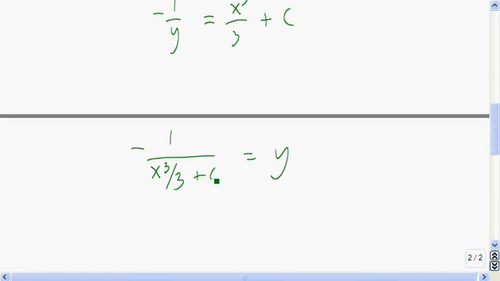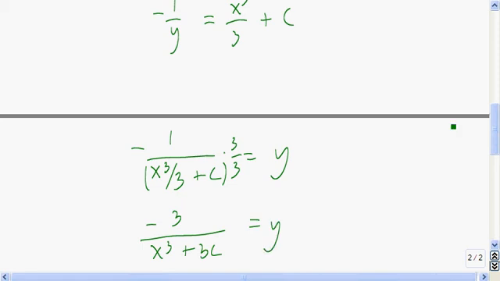It'll probably be easier to work with if we clear this denominator, so we can multiply the top and the bottom by 3. So we have negative 1 times 3, or negative 3, divided by x cubed over 3 times 3, so we have to distribute that 3 into this denominator. X cubed over 3 times 3 is x cubed, plus 3c equals y.